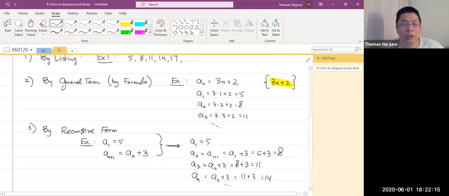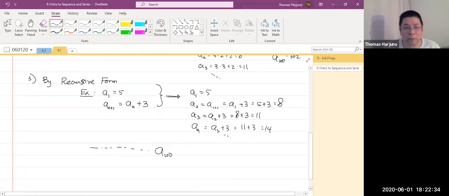Now, on the other hand, general term, we use formula. I can get the 100th term right away without knowing what is the 99th or 98th term. Like for example here, the 100th term will be 302, correct? But using recursive form, I need to get the 5th term, the 6th term, all the way to the 99th term before I get the 100th term.